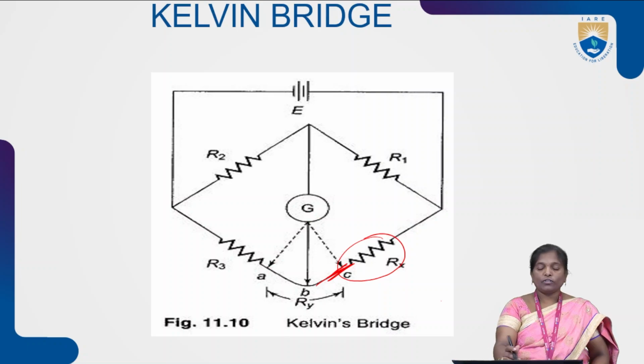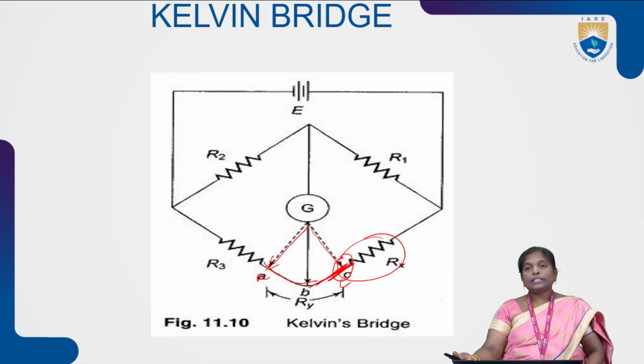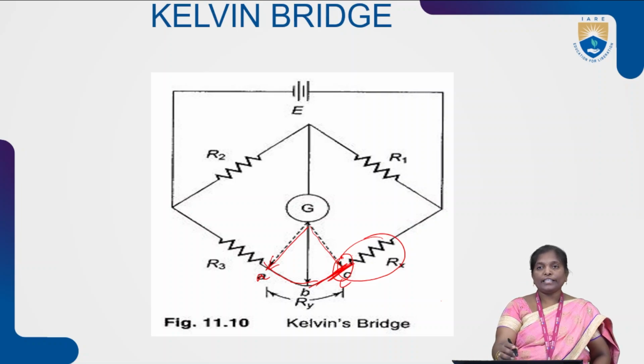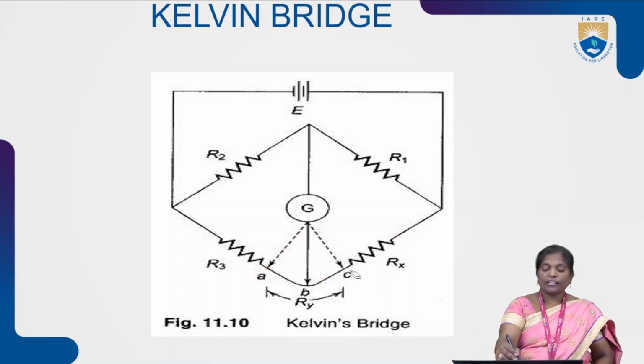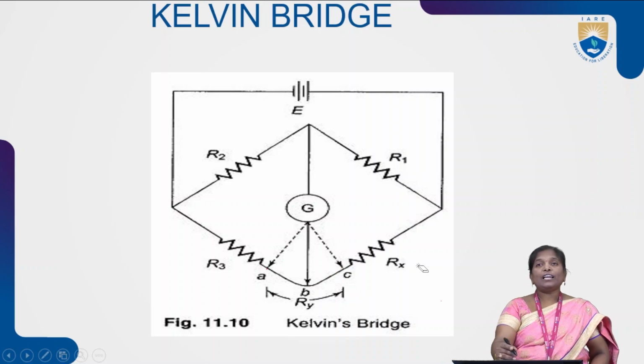The resistance is connected to the leads which are connected to terminals A and C. Instead of directly connecting the unknown resistance to the resistance R3, in this Kelvin bridge we connect the unknown resistance to point C or A, so that the lead problem can be avoided. This is the main advantage of the Kelvin bridge: with its help, we can measure low resistance values.